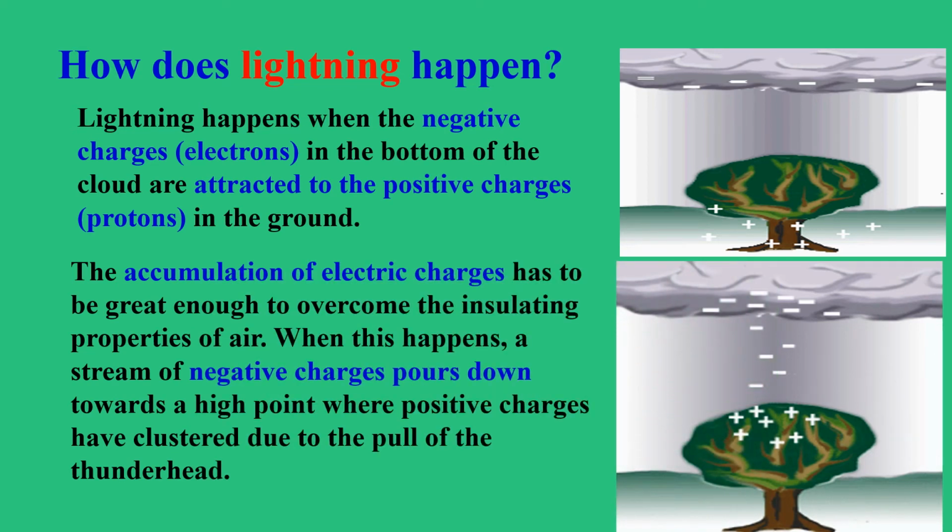The accumulation of electric charges has to be great enough to overcome the insulating properties of air. When this happens, a stream of negative charges pours down towards a high point where positive charges have clustered due to the pull of the thunder head.